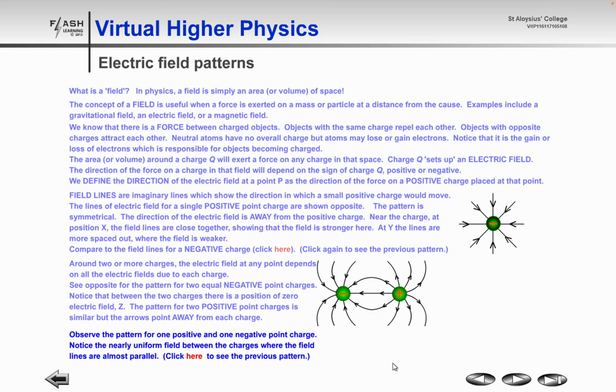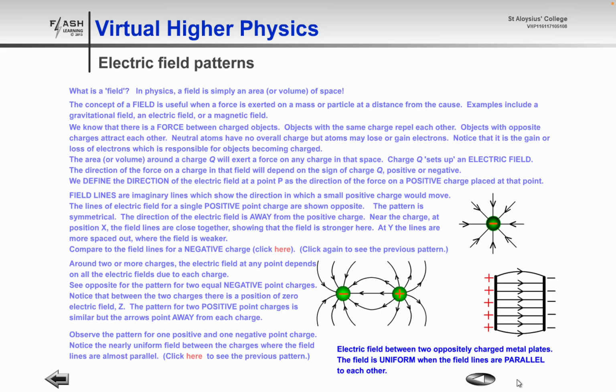Now that's particularly useful where if we put lots of positive charges close together up one side and lots of negative charges up the other side, then what we get is something like this. That's quite easy to do by having parallel plates. And what you then get is the middle region here, where the field lines are nice and straight between the positive and negative.